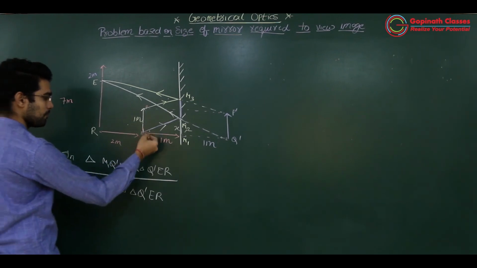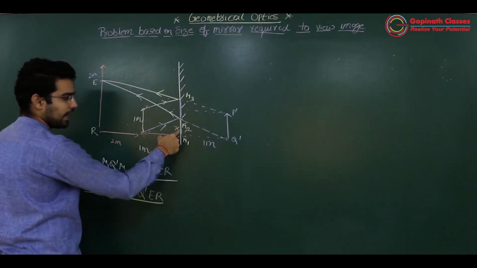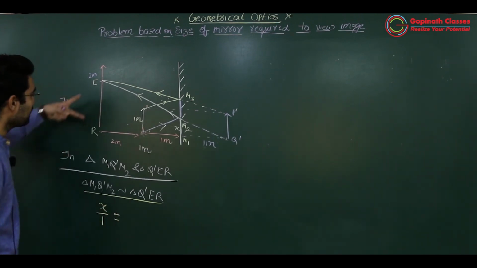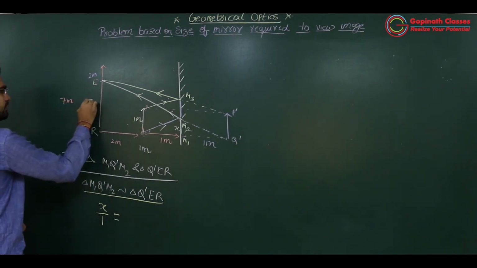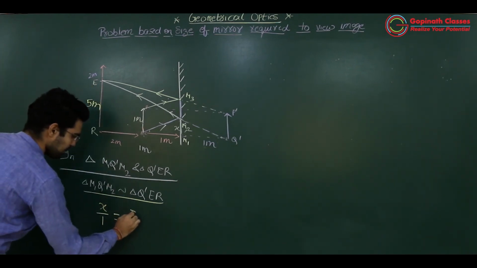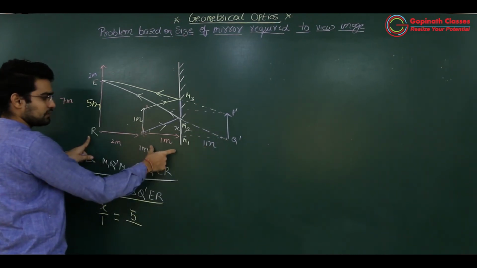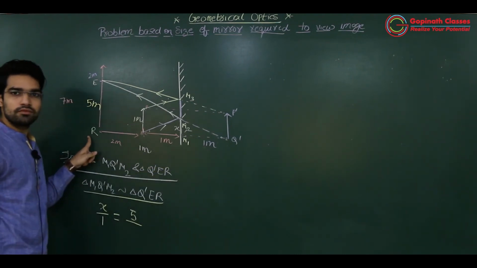So x divided by height, height divided by base is equal to height. This height ER is 7 minus 2, it is 5 meter. 5 divided by total distance. This is 2 plus 1, 3, 3 plus 1, 4.